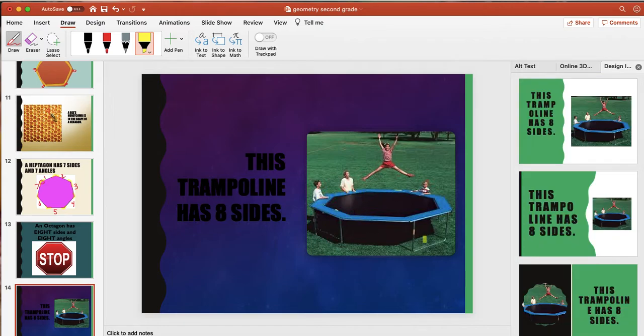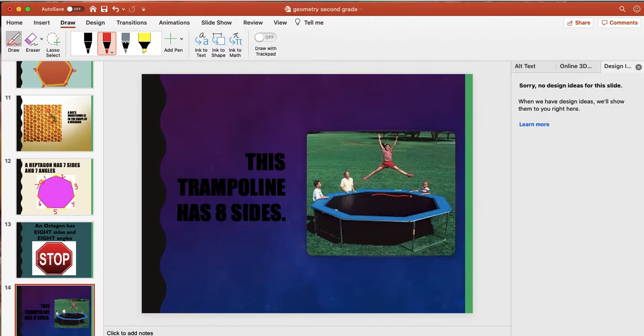Okay, if we look over here, this trampoline has 8 sides, so it's considered to be an octagon. Let me outline these shapes for you. So we have 1, 2, 3, 4, 5, 6, 7, and 8. So those are our sides that make up our trampoline, and it's considered to be an octagon.